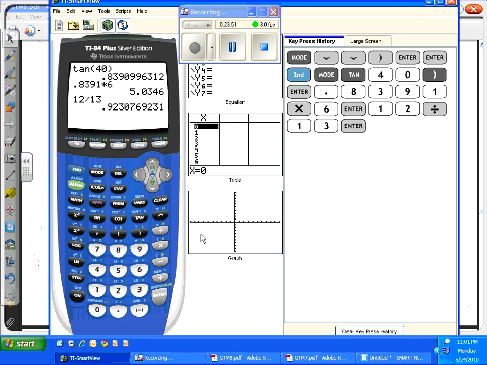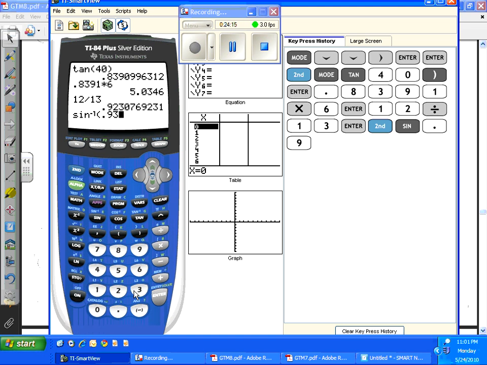Now, here's where that's at on the calculator. Notice sine is the main button, and hidden above it, in the blue there, you have sine -1, which is inverse sine. To get to that, you hit the second function button. So it's second sine, which is inverse sine. It opens the parenthesis for you, 0.9231.